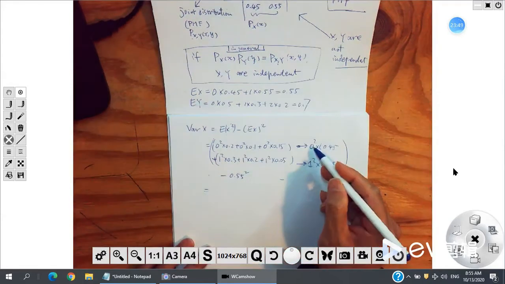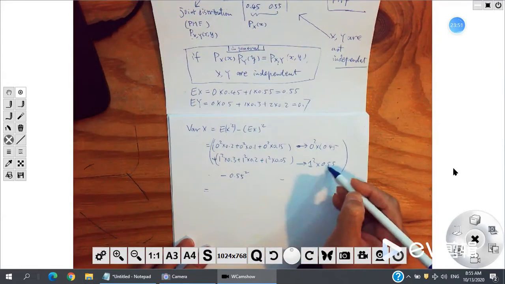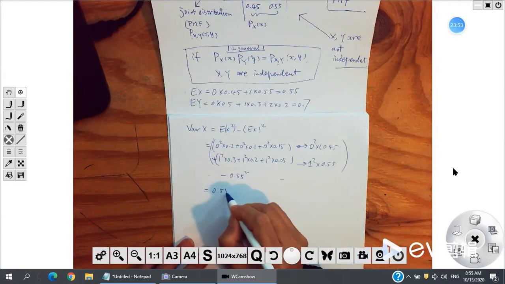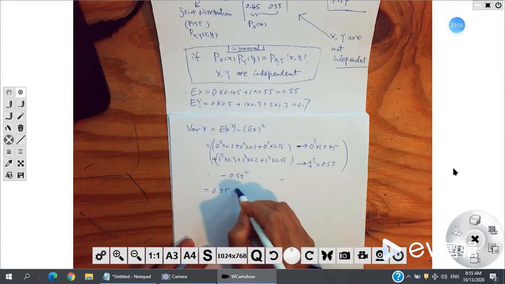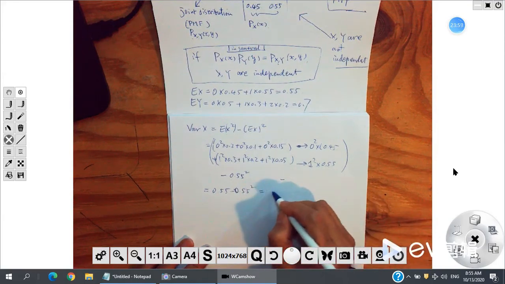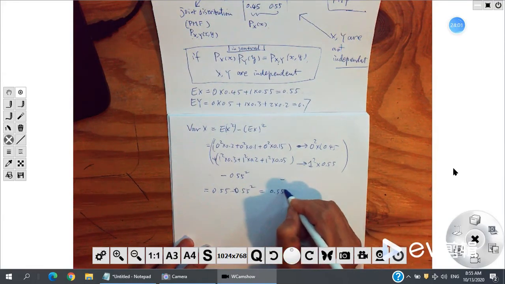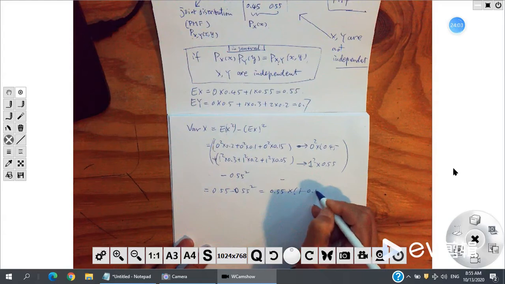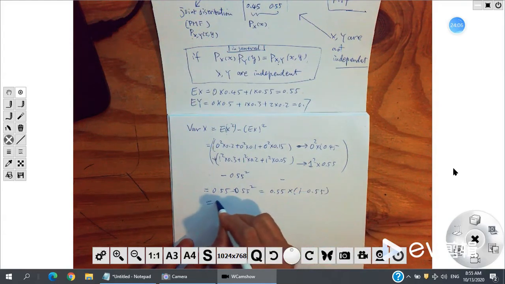So this is 0 times this and 1 times this, so it's 0.55 minus 0.55 squared. I can write this as 0.55 times 1 minus 0.55, so it's 0.55 times 0.45.